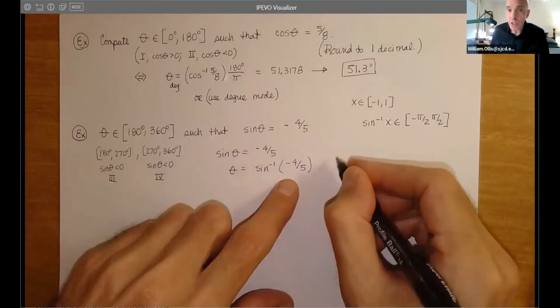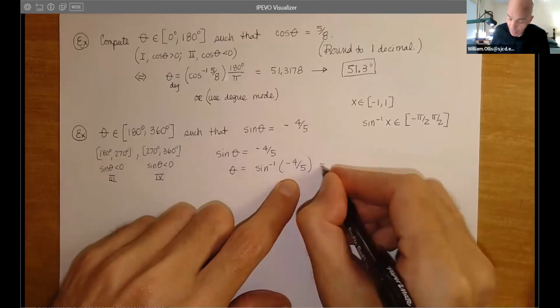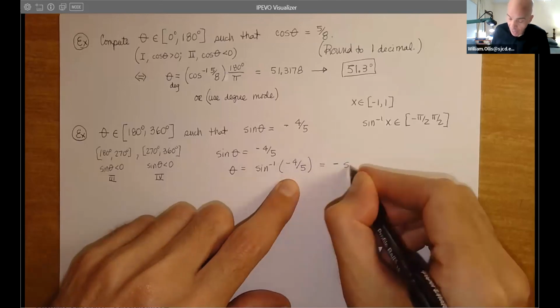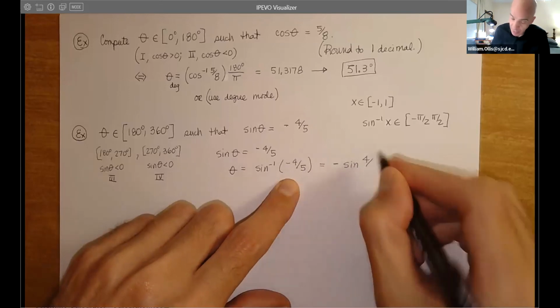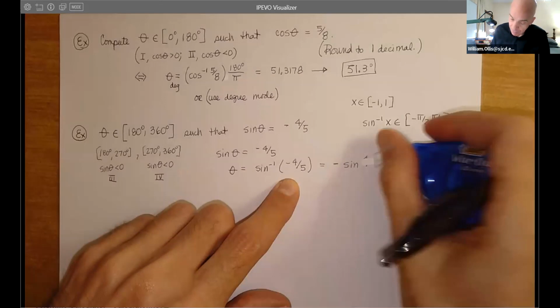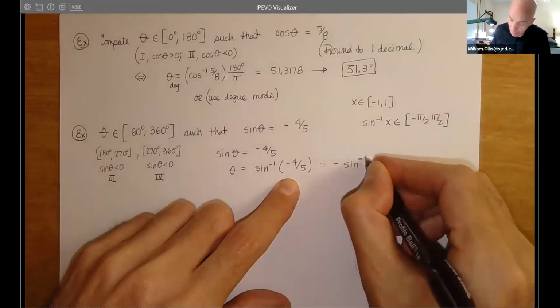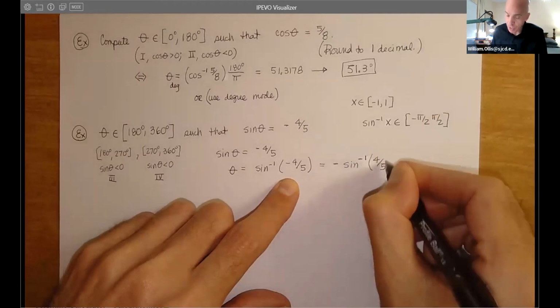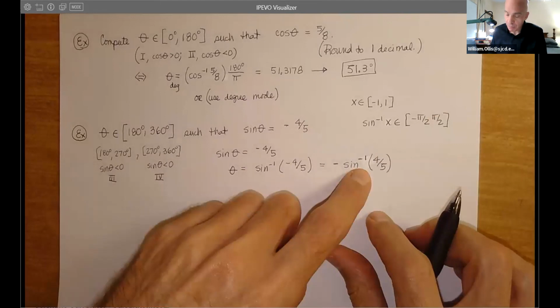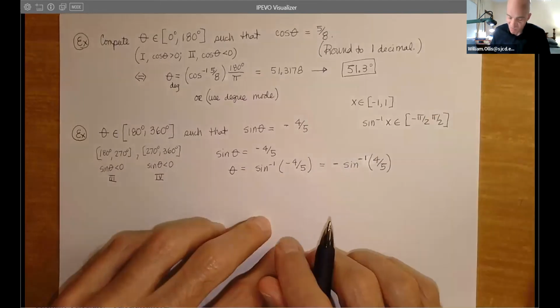Well, of course, we can use the fact that the inverse sine is odd, so we can factor out the negative, if you like, maybe that makes it easier for you. So we just get the negative of inverse sine of 4/5. I'll go ahead and put parentheses there so you don't get confused with the negative. That means the inverse function, as we well know.